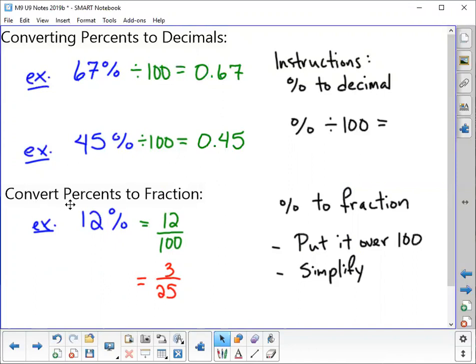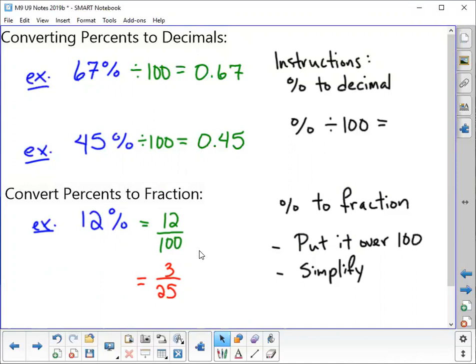And then we're going to convert percents to fractions. So if we've got 12%, 12 per 100, 12 over 100, and then we simplify. So all you're doing is you're shoving whatever number you have with the percent sign over 100. So if you have something that's 325%, you're putting that 325 over 100.